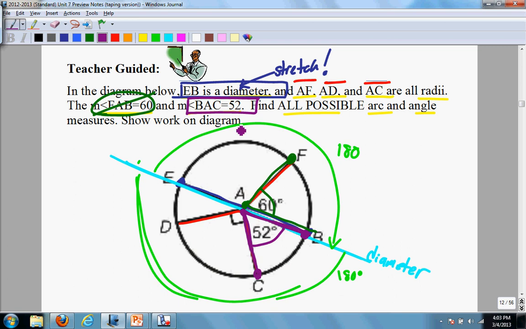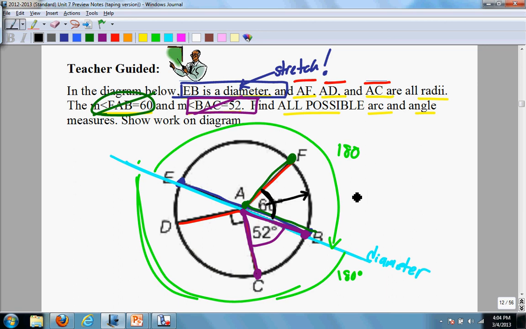BAC, trace and sweep. Now from here we want to find everything possible. So I'm going to walk you through just this one. We learned that the central angle, so sweep this 60, is the same as the degree measure of the arc.